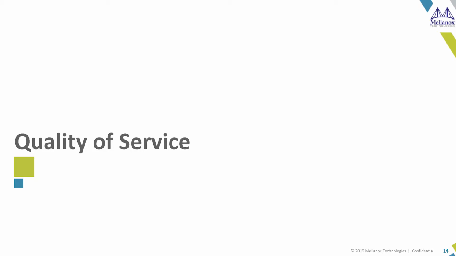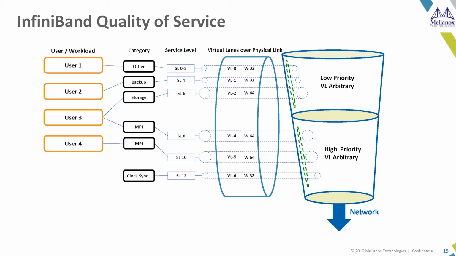Yeah. So quality of service is another element of support that we have within the network, and the notion behind quality of service is you can define different categories, different service levels, and put traffic within those service levels.